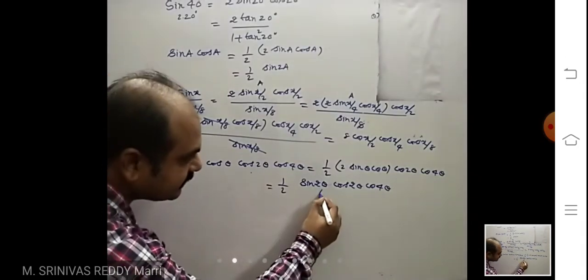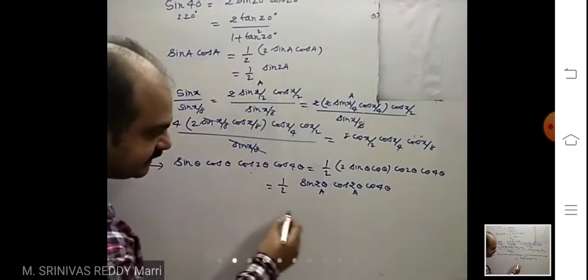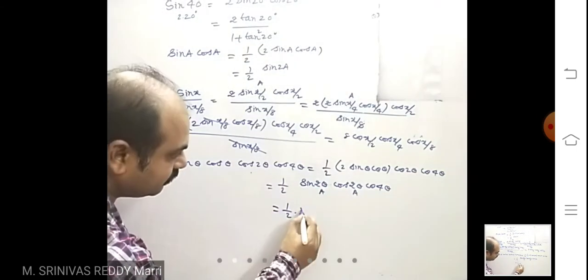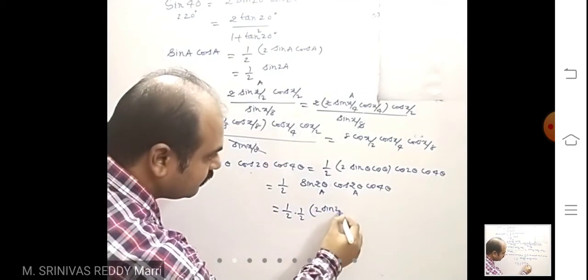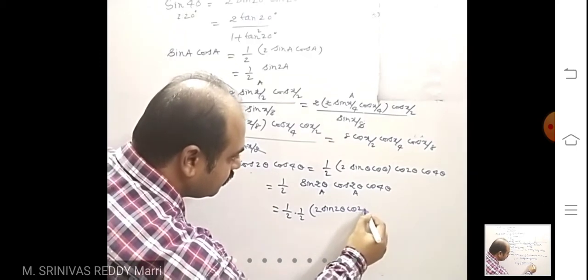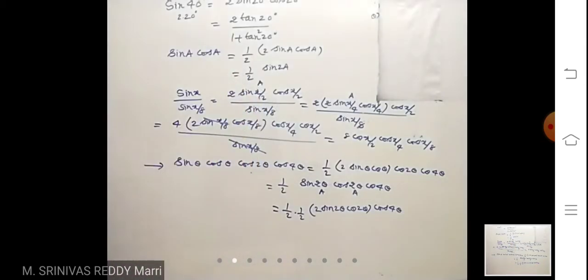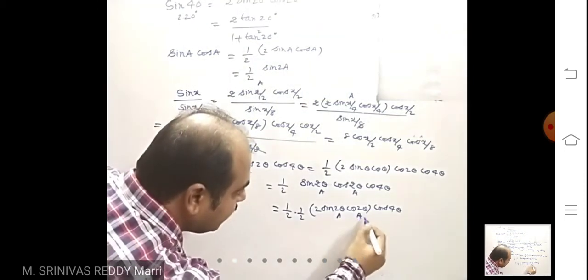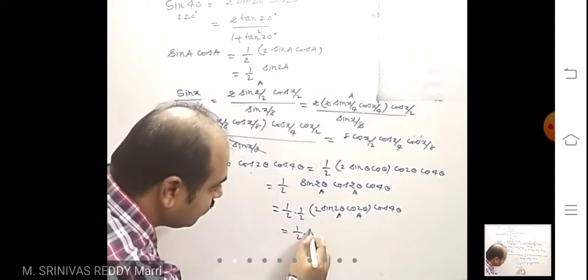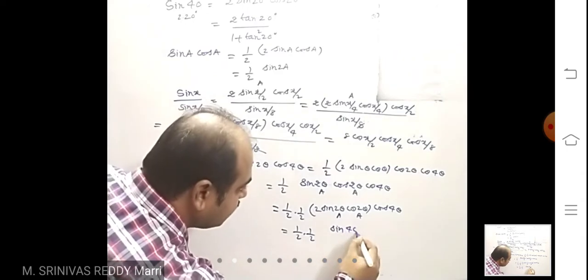Now look at again sine A cos A. Sine whatever it is, you take it as A. Same A is there. Now again multiply with 2. So this is nothing but 2 sine A cos A, that means again you will get sine 2 into 2 theta.